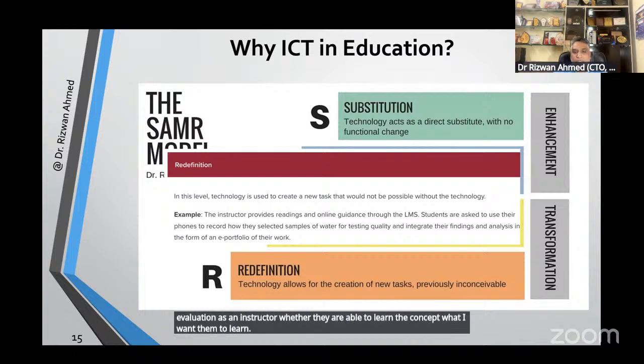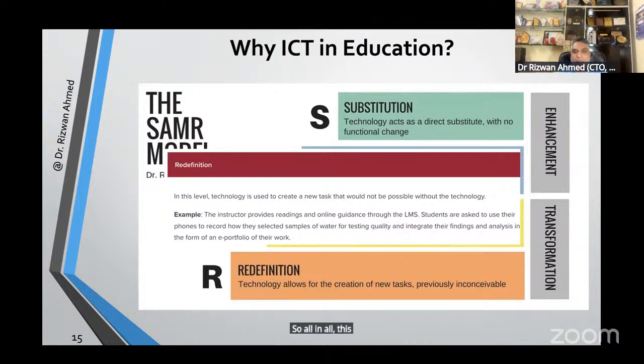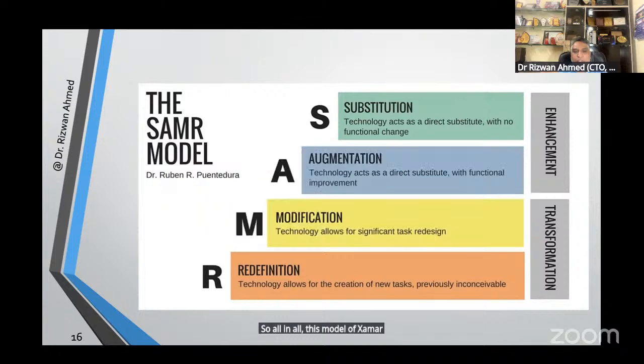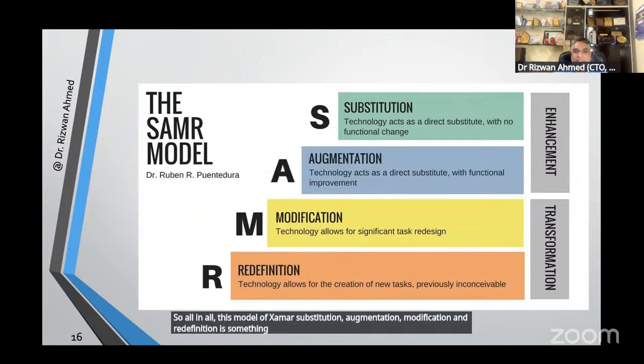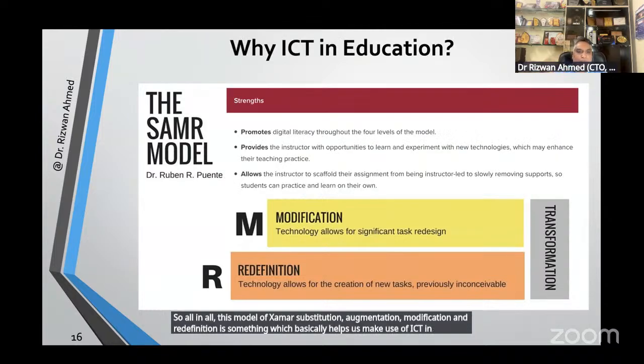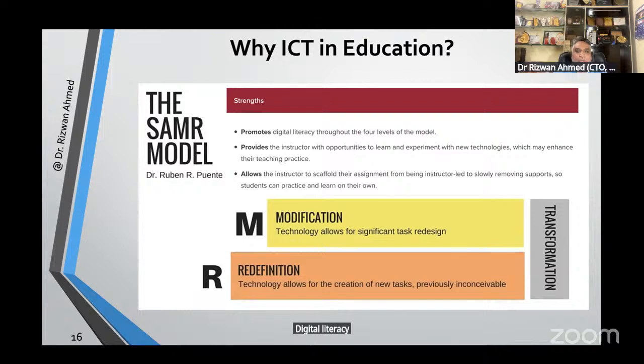So all in all, this model of SAMR, substitution, augmentation, modification, and redefinition, is something which helps us make use of ICT in the right way. And it gives you a lot of advantages. Some of the strengths: it promotes digital literacy, so that we can have all the 4 levels of the model employed in different ways to see the effectiveness of our teaching learning process.